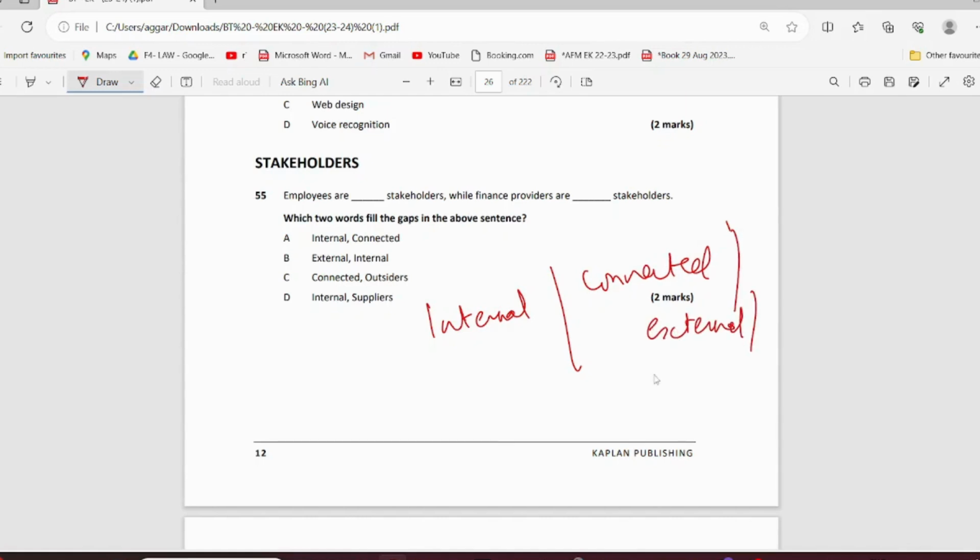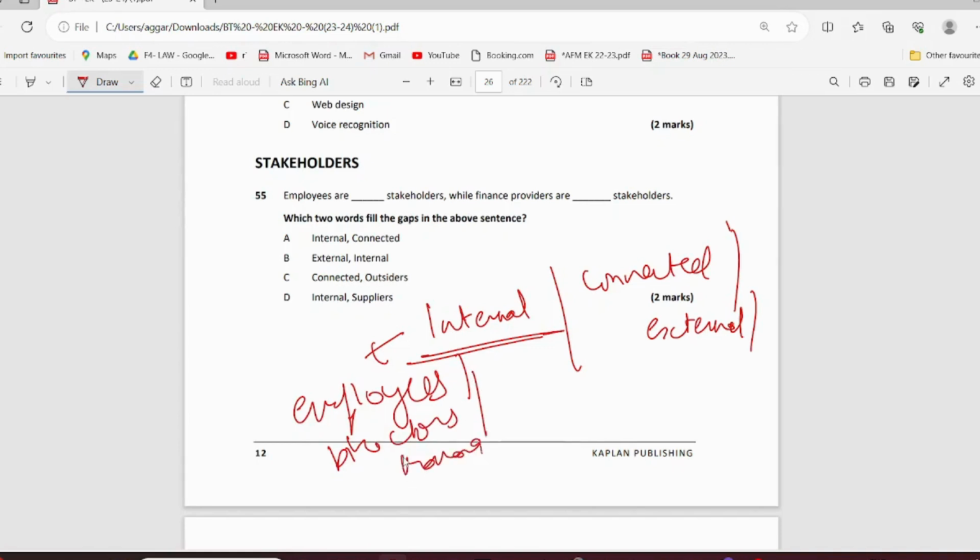Internal stakeholders: obviously your employees, your directors, your managers. All of these people are part of your internal team because they're working within the organization.